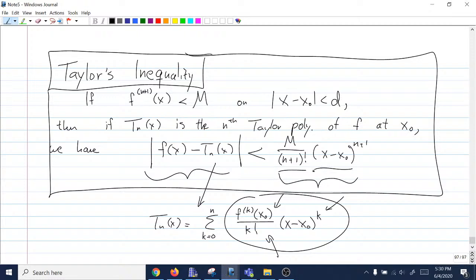It has the x minus x naught value to the n plus 1, which is what would be there for the n plus 1th term. The part that's not the same is, instead of what the value is at x naught, we need to say, well, how big could the value have been anywhere inside the interval? When things are continuous, which usually they are, if I take the n plus 1th derivative at x naught, the Taylor polynomial would have used this value.